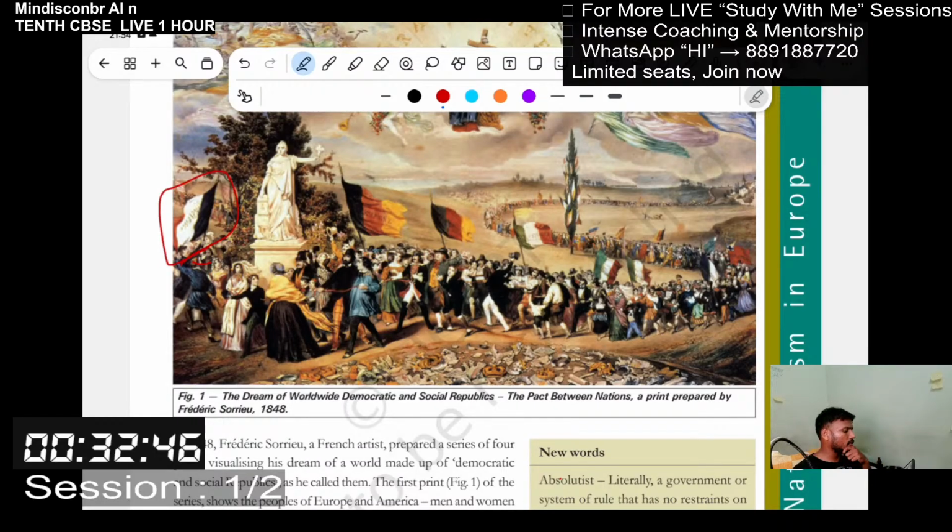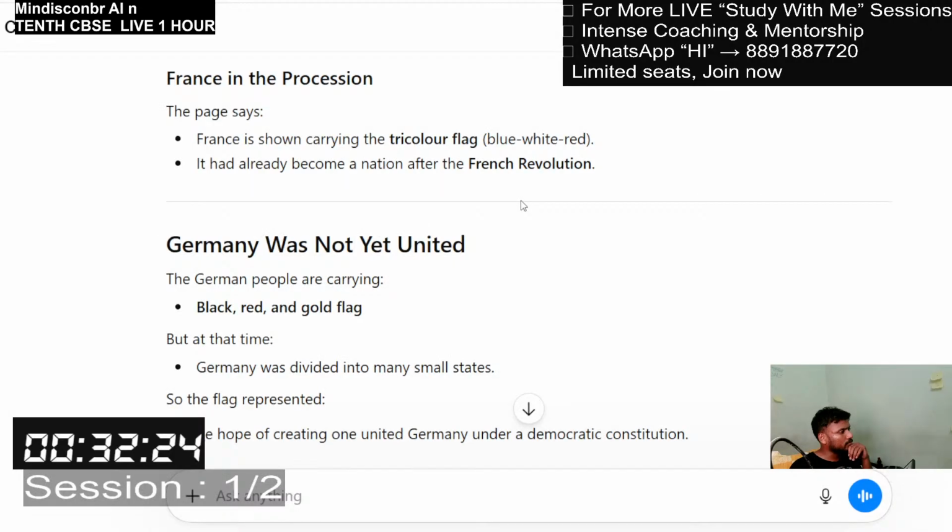So near the French Revolution itself, France was near to the Statue of Liberty, or they got nationalized. Here you can see the color of the French flag: blue, white, and red.